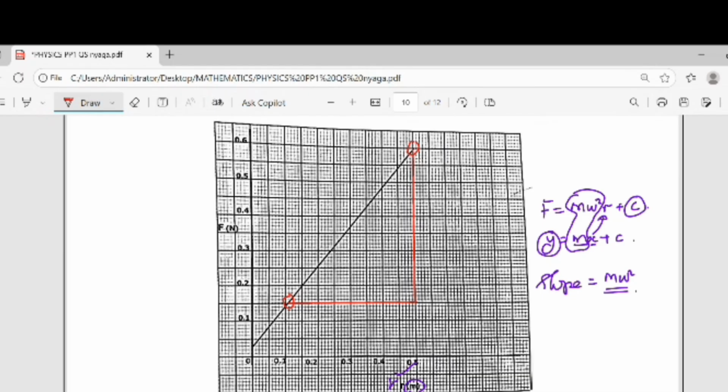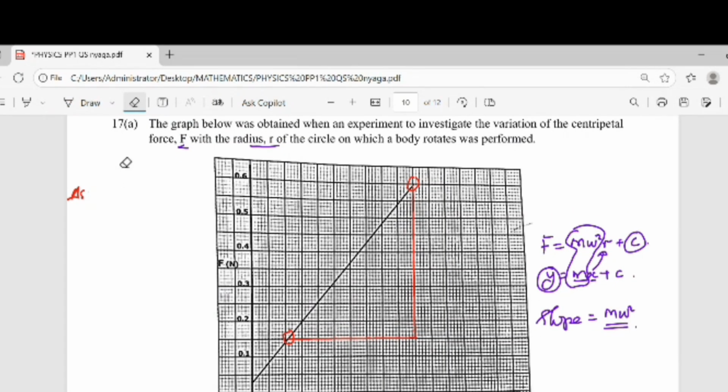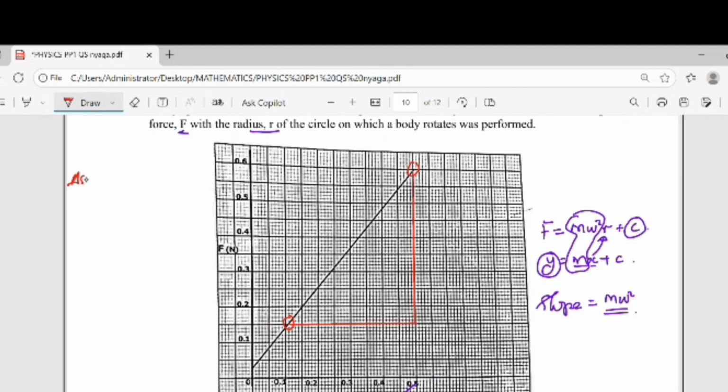So let me now get the slope. Our slope will be given by change in y over change in x. So I'll pick 0.6 is equal to 0.6 minus the point here.